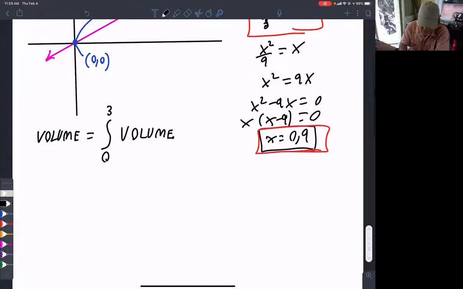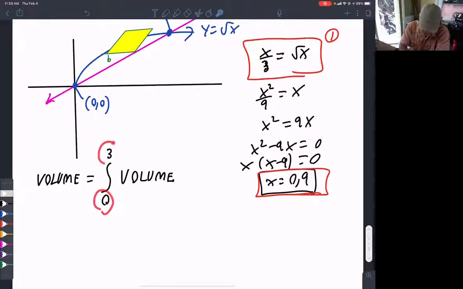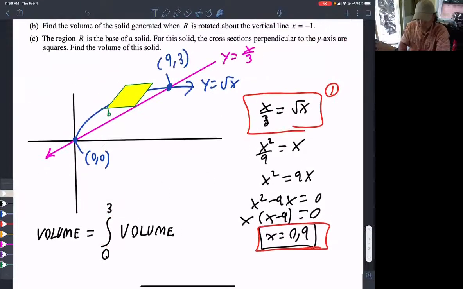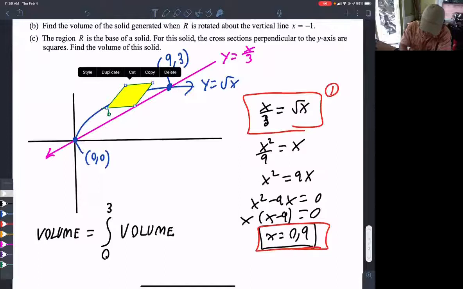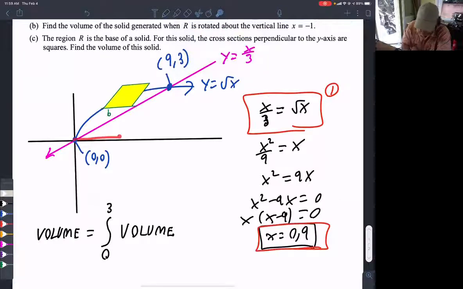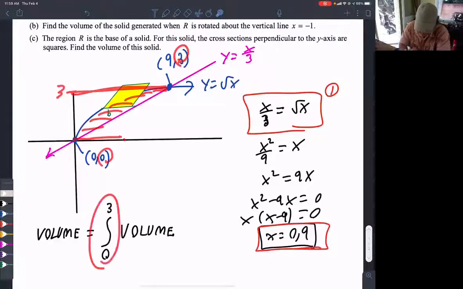You don't have to write that. Why 0 to 3? If you see, we're stacking these up from the bottom all the way to the top. So where's your first one? Your first one is here where y is 0. And as you go across and stack them, the last one's here where y is 3. That's why you're going 0 to 3.